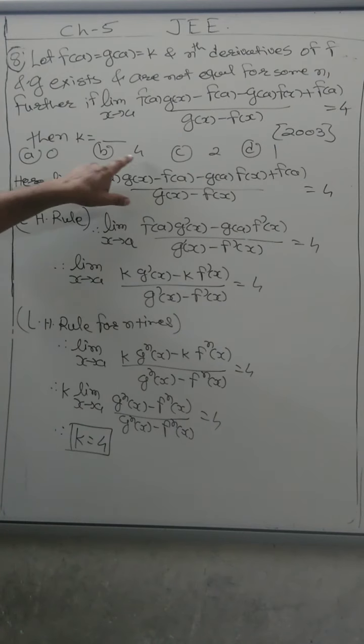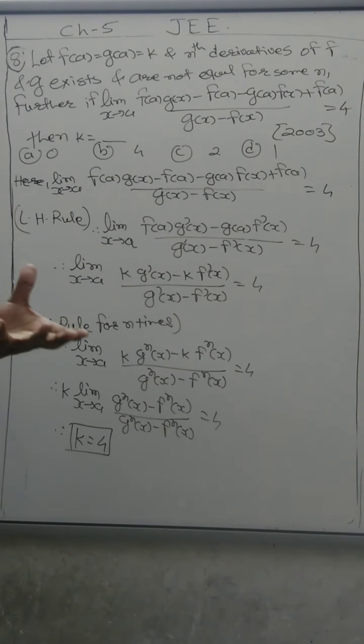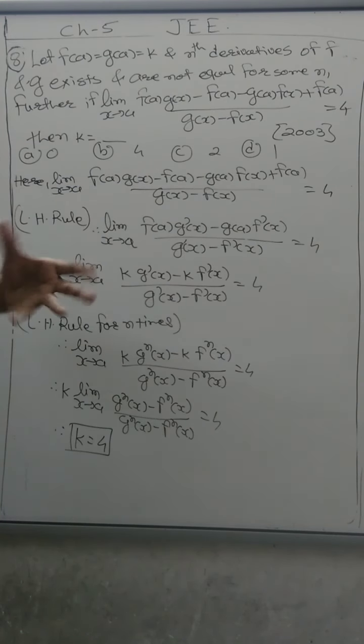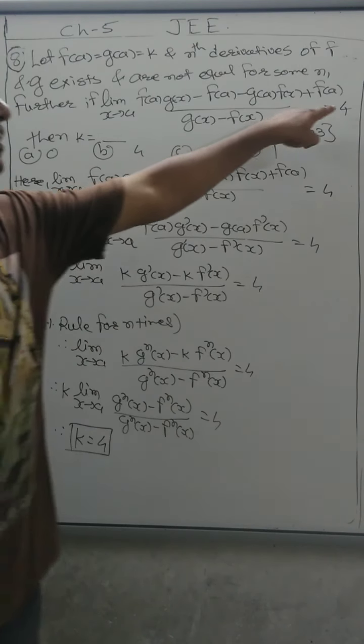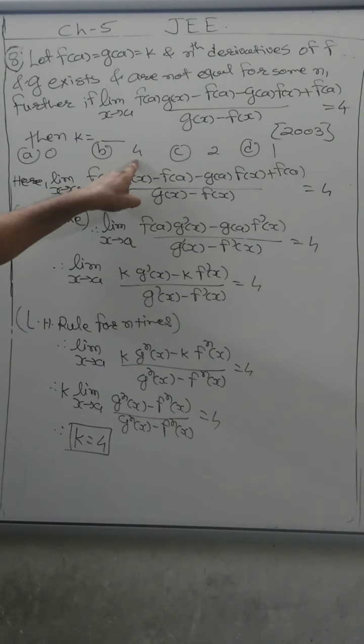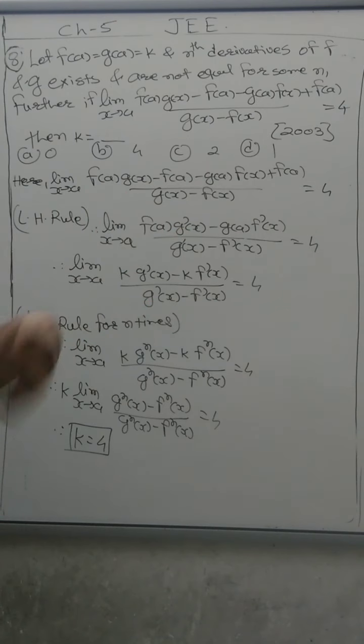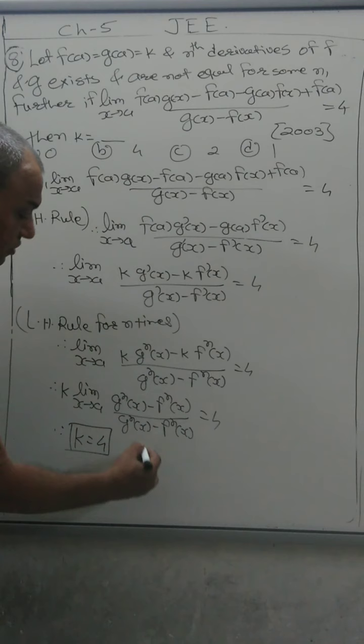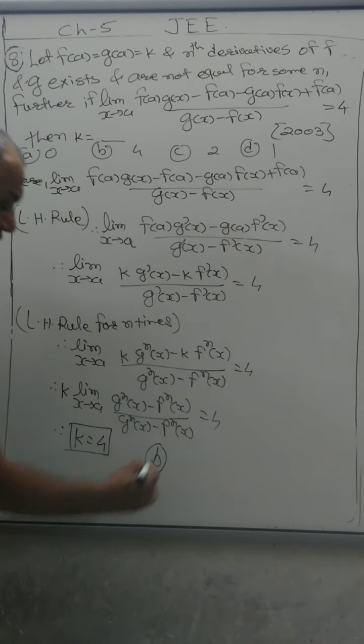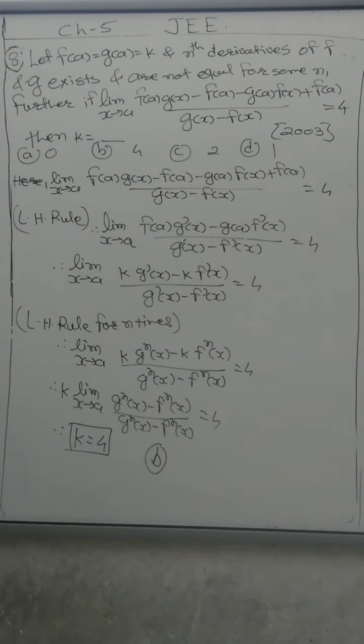Sometimes the question is quite complicated, but when you see the answer options, the answer exists automatically and in advance. So our answer is B, k equal to 4. Then we go for the next one.